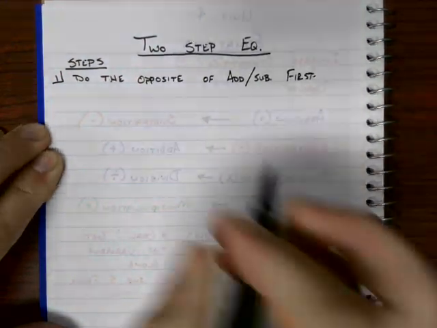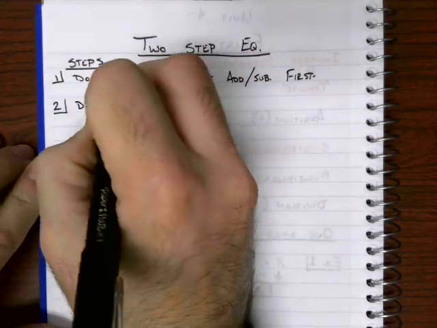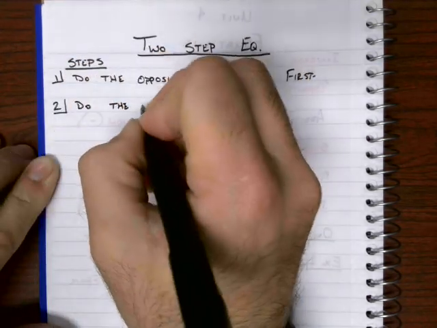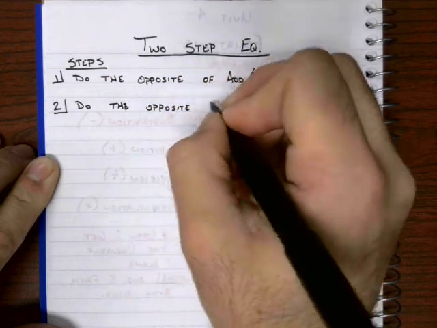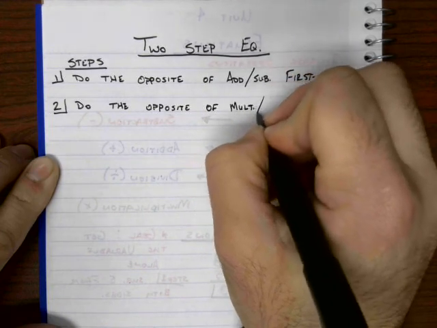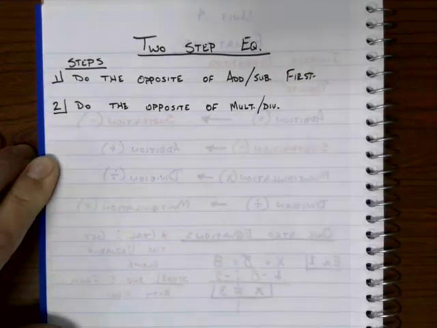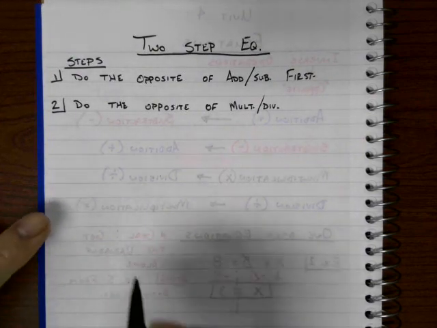And then step two is do the opposite of multiplication and division. So the first step is to get rid of that addition and subtraction. And then the second step is to get rid of our multiplication and division. And this will make sense once we start working some of these.